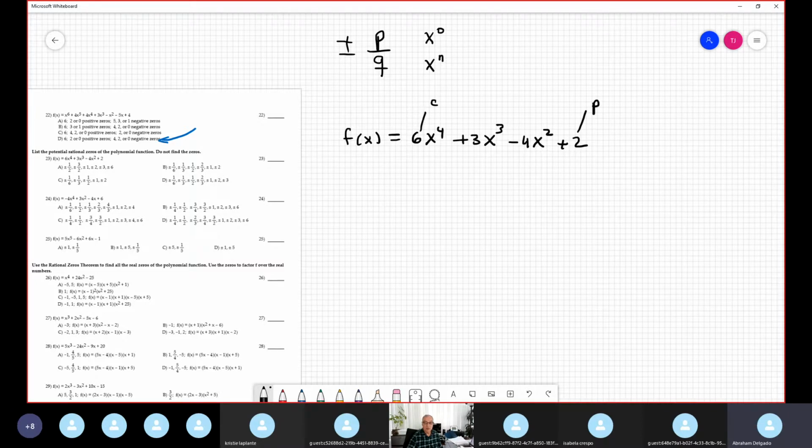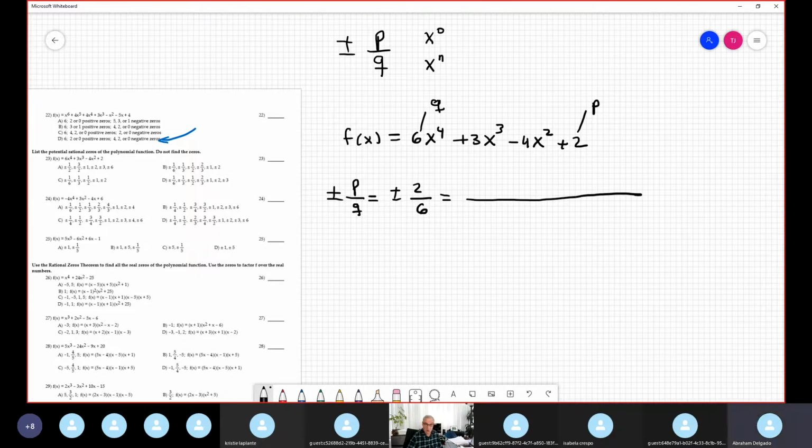Q is 6. My formula is plus or minus P divided by Q. Our specific example is plus or minus 2 over 6. Don't reduce it to 1/3, because I need to discover all combinations.